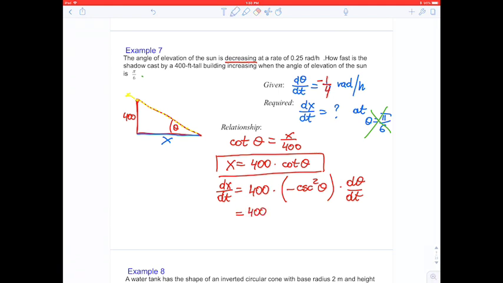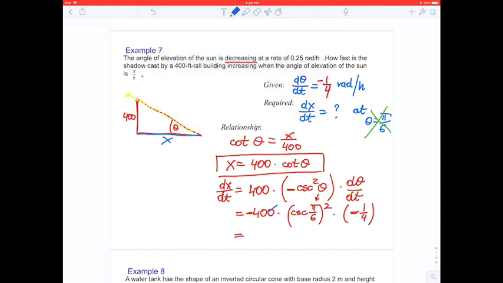Possibly I can put this negative in front, because negative is not squared. Negative 400 times cosecant, and now I can put pi over 6. And I will square the quantity, and the rate of change of theta is negative 1/4. Excellent. Negative times negative will give me positive.